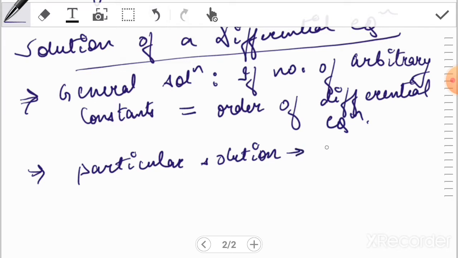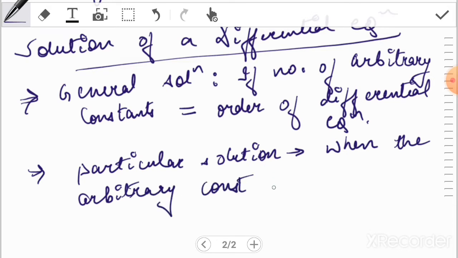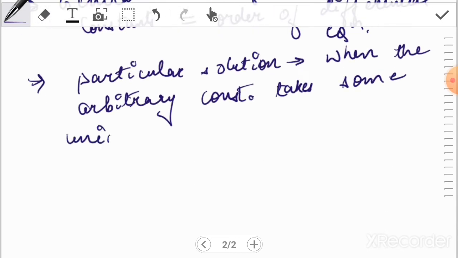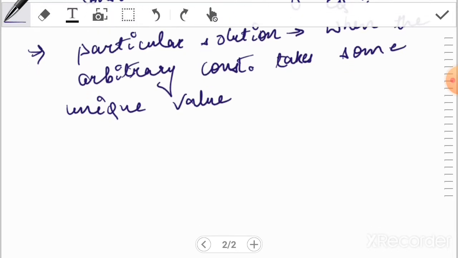When the arbitrary constants take some unique values, then that solution becomes the particular solution of the equation, right? So by using boundary conditions, the particular solution of a differential equation can be obtained.